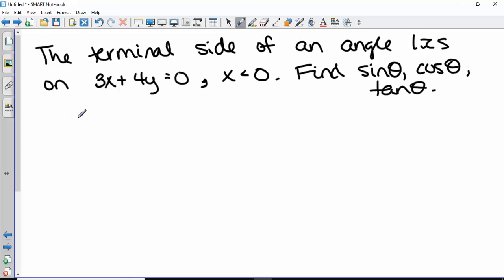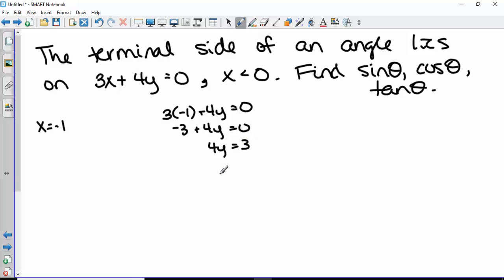So what could we use? Negative 1. Okay. So if x is negative 1, we get y to be 3/4. We can keep that.